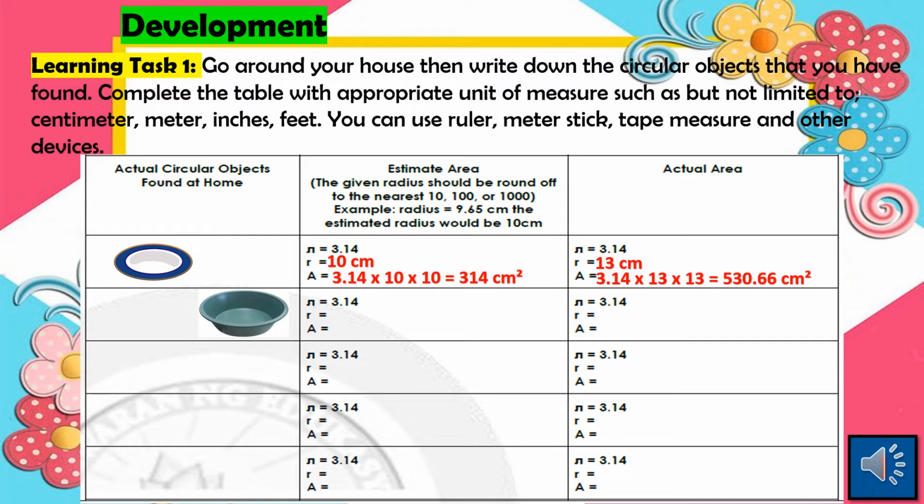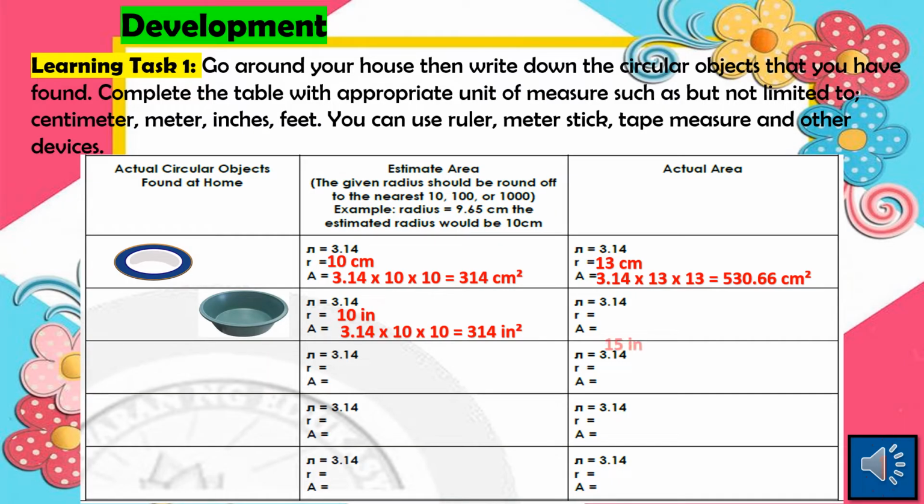Okay, let us take another example. We have the basin. The radius of the basin is 10 inches. So the area will be 3.14 times 10 times 10, which equals 314 square inches.